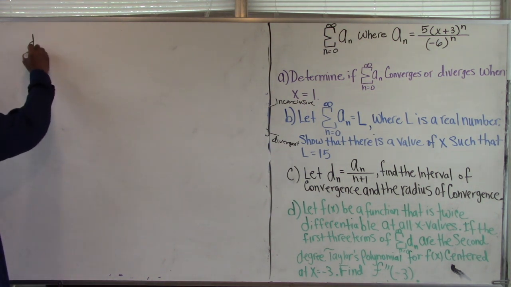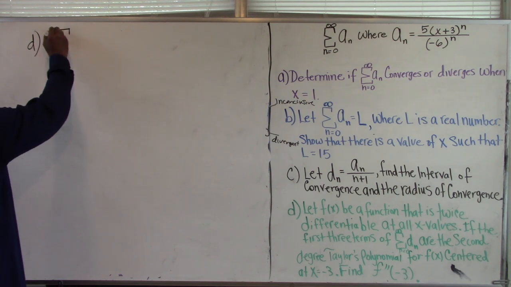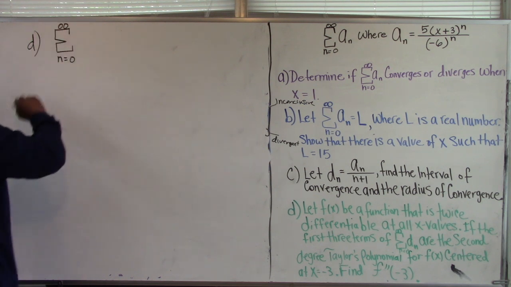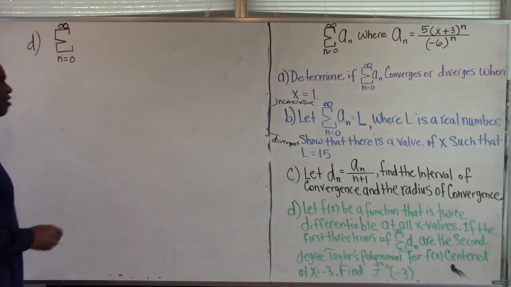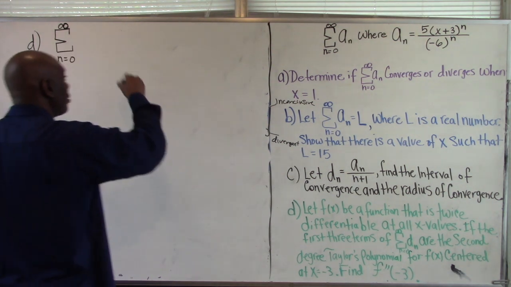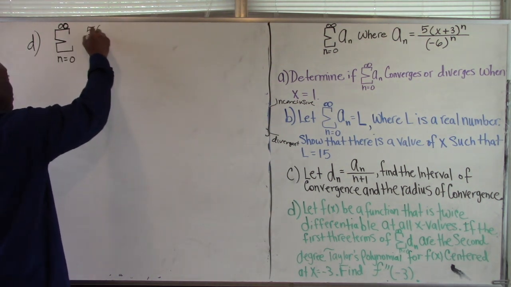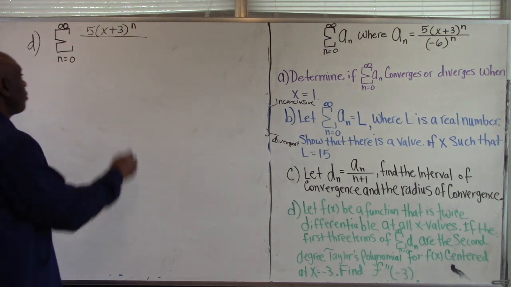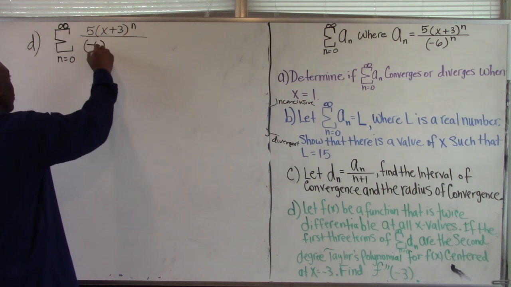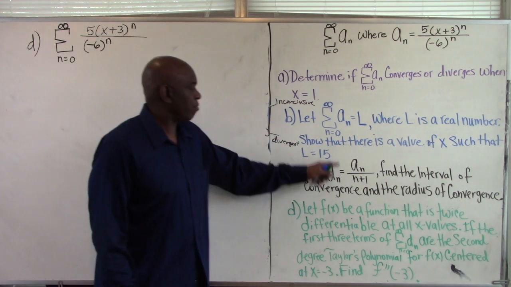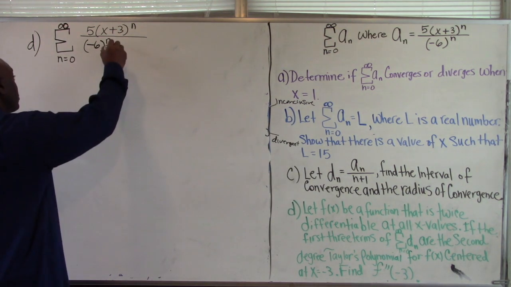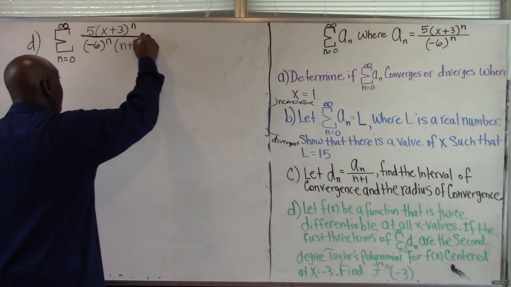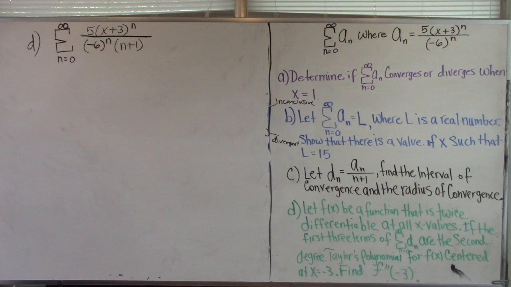It's a_n, which is 5 times (x plus 3) to the power of n over (-6) to the n, but it's multiplied by n plus 1.